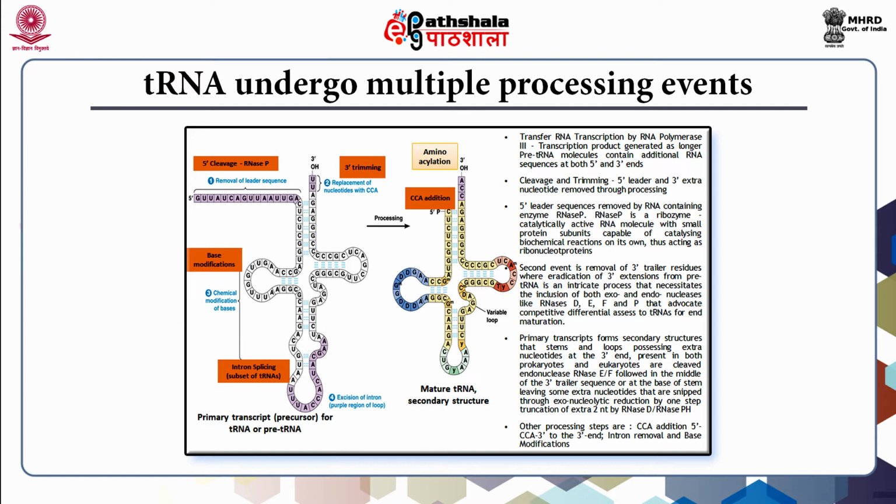Furthering into the details, pre-tRNA processing includes the following events schematically depicted in the slides. The first one is the cleavage of the 5' leader sequence. The removal of the 5' leader sequences from the initial tRNA transcript occurs before effecting the 3' extensions.